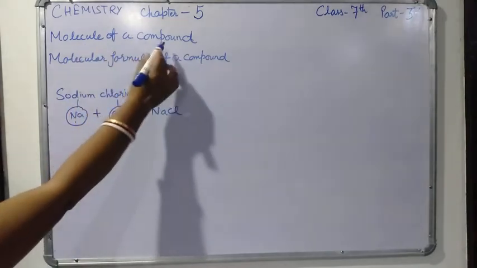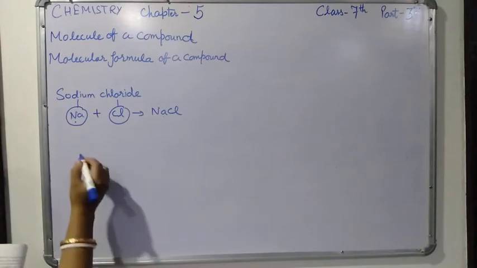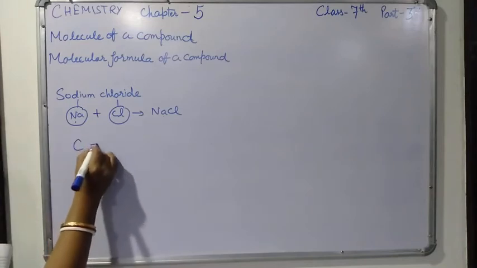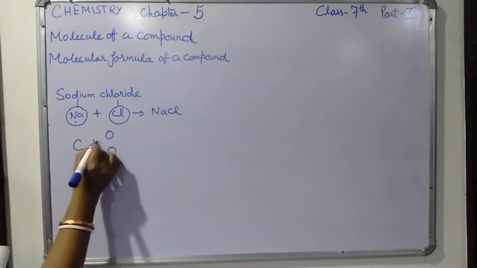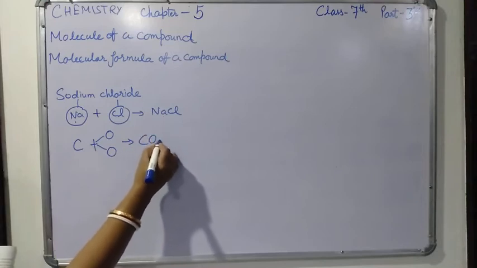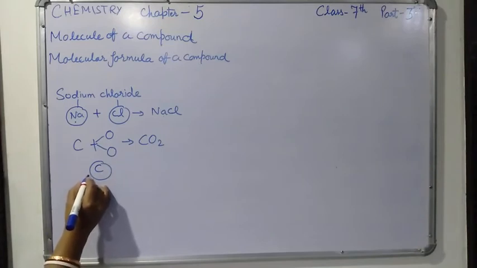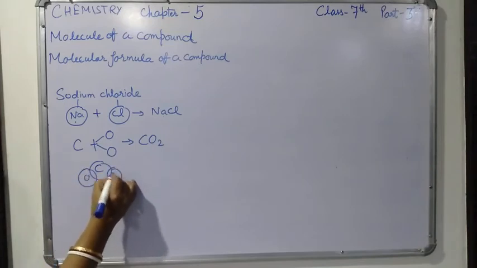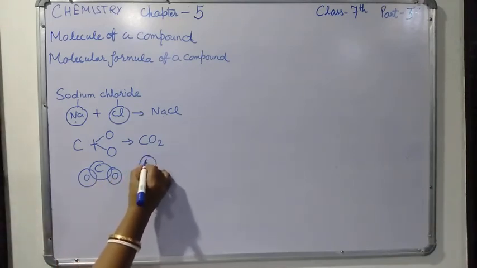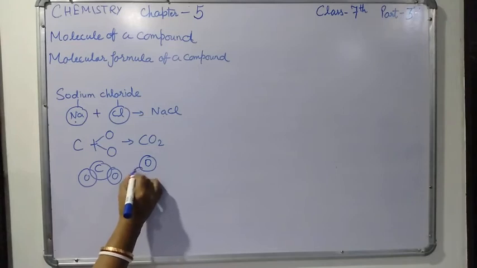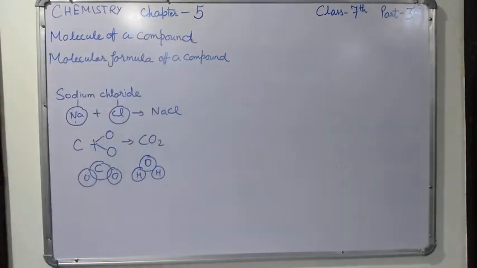Likewise, one atom of carbon, when it is combining with two atoms of oxygen, forms carbon dioxide. You can make the structure like this. Water also, one atom of oxygen is combining with two atoms of hydrogen, so it forms a molecule of a compound.